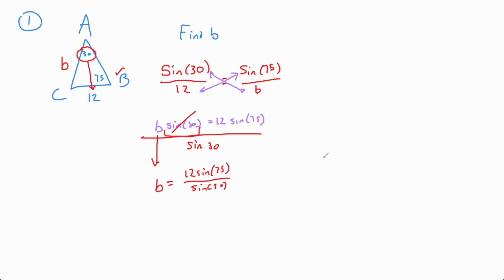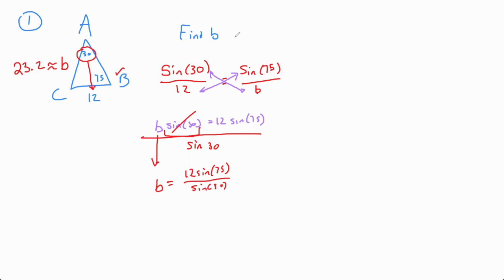Make sure we're in degrees, because our triangle is given to us in degrees. And on my calculator, I'm going to go ahead and punch in 12 sine 75 divided by sine 30. And I have 23. Let's do the approximately 23.2.